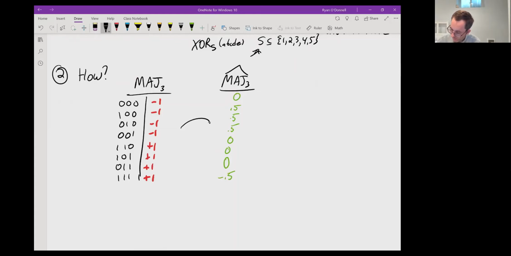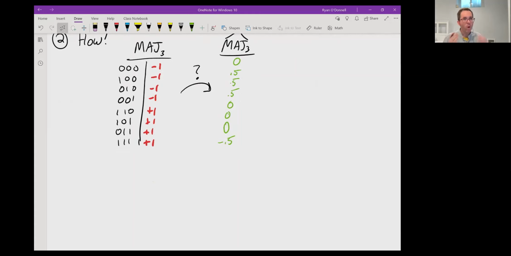So how do you get them? Where do they come from? How can you go back? Well, if you have the whole truth table in front of you, like this whole list of red entries, it's actually very easy to get the green numbers. Given the whole truth table, there's a very simple algorithm.